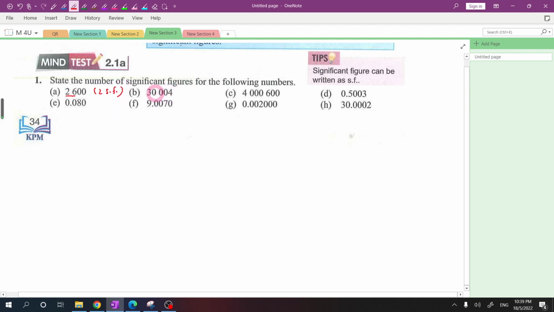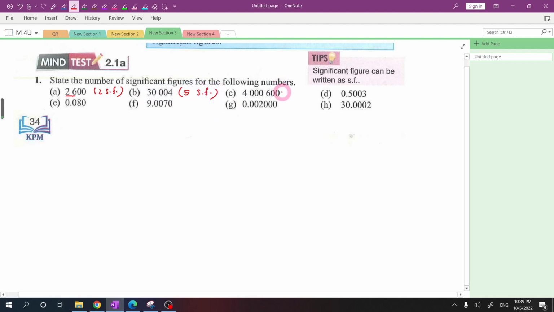How about this? You will notice that the 0 here lies between two non-zero digits, 3 and 4. So how many significant figures do we have here? The zeros here are all considered significant figures. So we have 1, 2, 3, 4, 5.